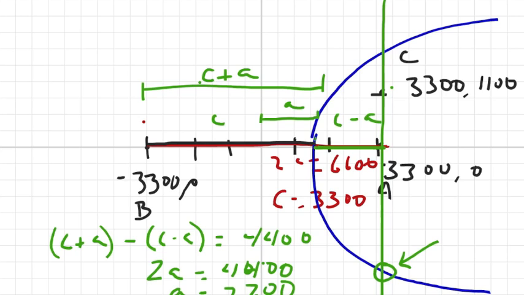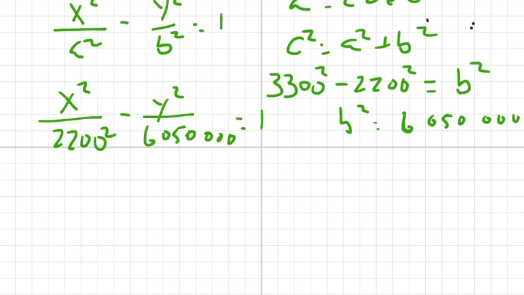Because the sound arrives at C after it arrives at A, that must mean the sound happened down here, traveling upward on our picture. So we can set those two equations equal to each other: x squared over 2200 squared minus y squared over 6,050,000 is equal to 1, and the intersection with the line x equals 3300 is the same as plugging in 3300 for x and solving for y.